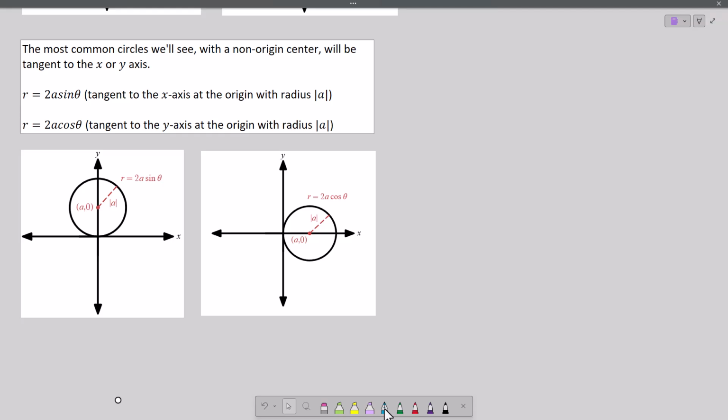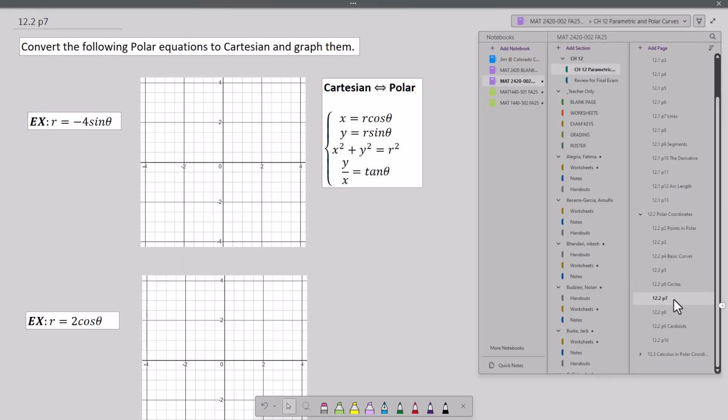And if a happened to be negative, it would just be flipped, and it would be below, but still tangent to the x-axis at the origin. Similarly over here, if a is negative, it would be over here. So those are going to be the 2 types of circles we're going to look at, tangent to x or tangent to y. We'll graph a couple of those, make sure that we understand them.